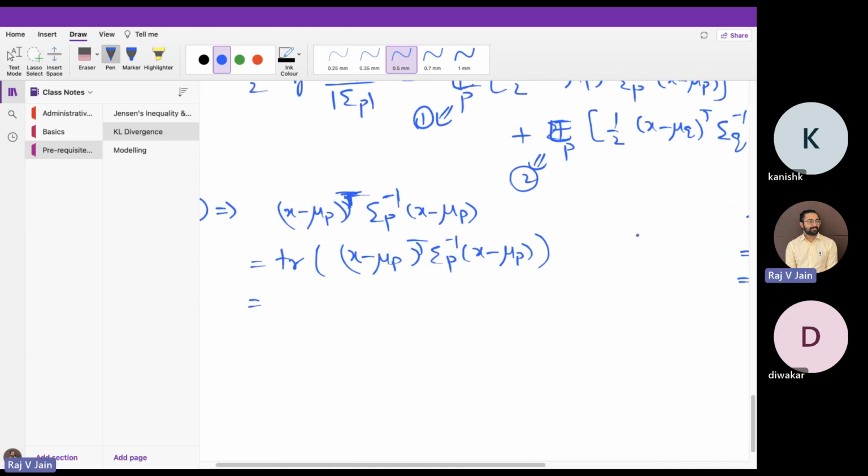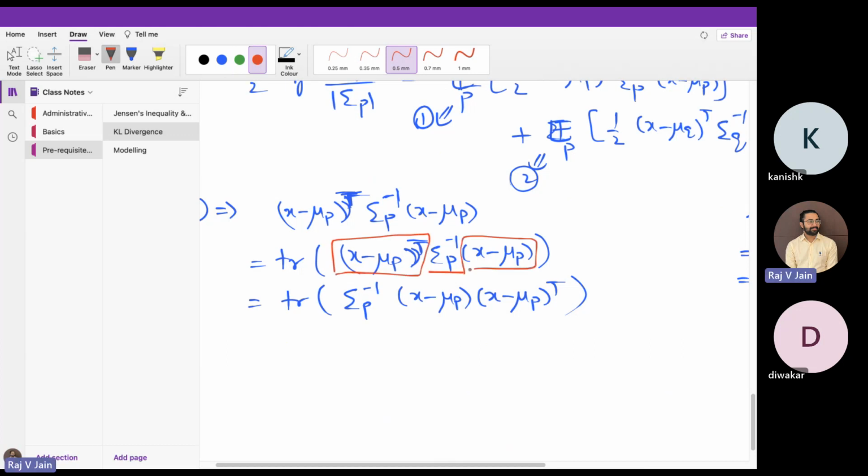We'll use that thought process and change this to trace of sigma p inverse into x minus mu p into x minus mu p transpose. So this is matrix A, matrix B, matrix C, and I've taken B, C, A.